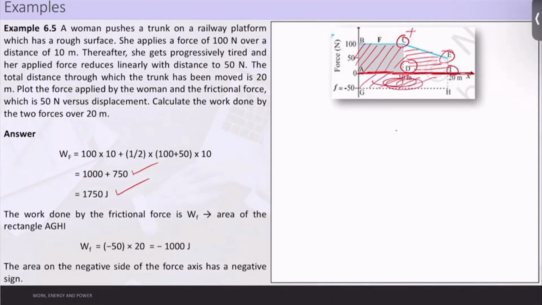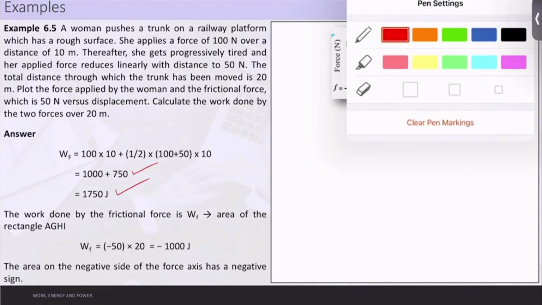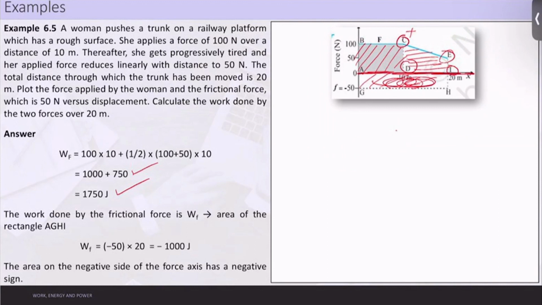We won't add it into the area for the force capital F. So don't get confused regarding that. Even though there is another force acting here, we won't add it into our scenario of capital F.